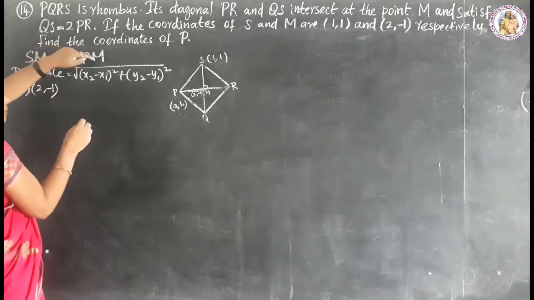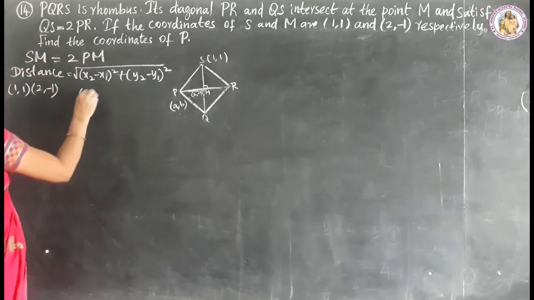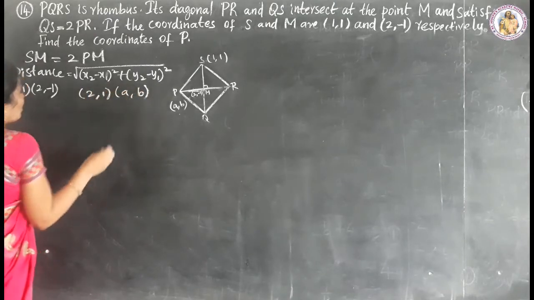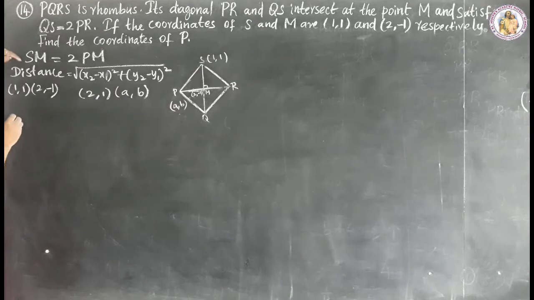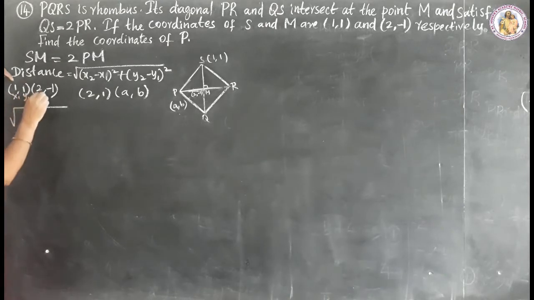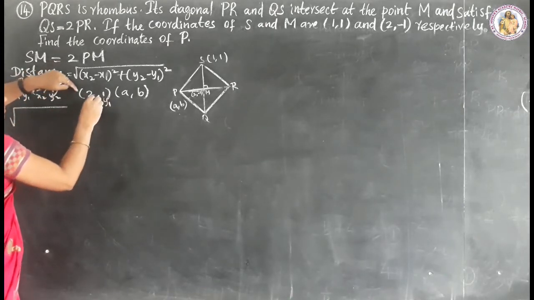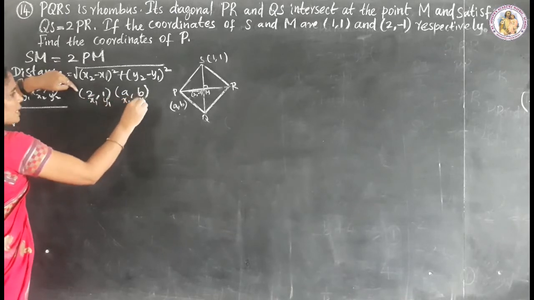Now here for 2PM, go with (2, 1) and (a, b). Now SM is square root of, using the distance formula, x1 y1, x2 y2.